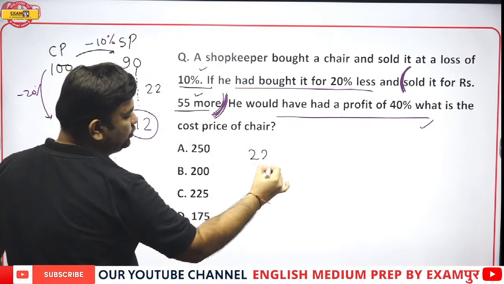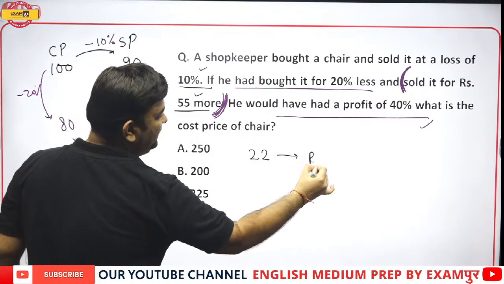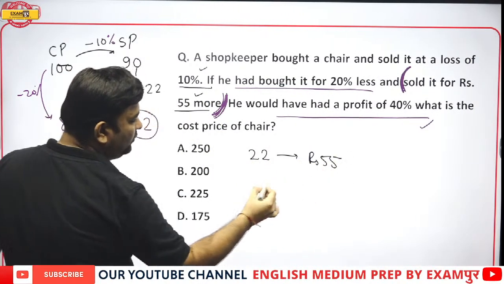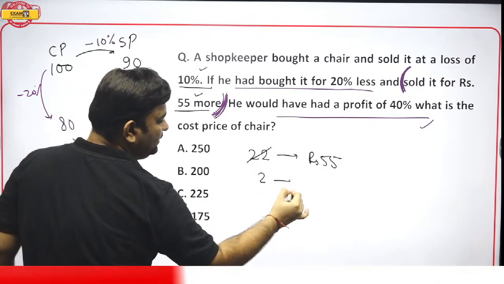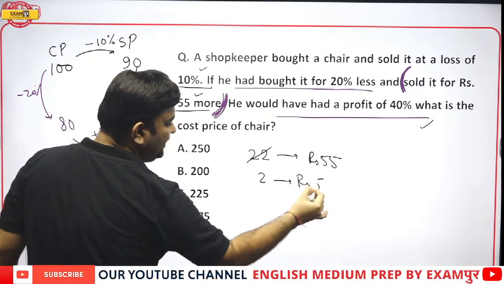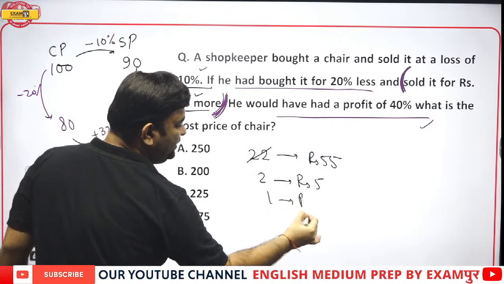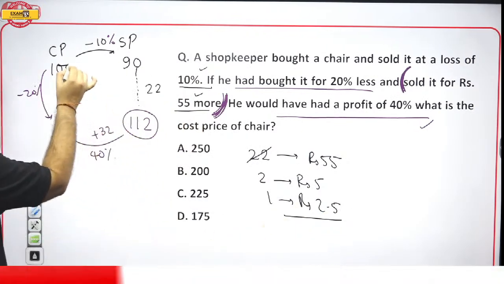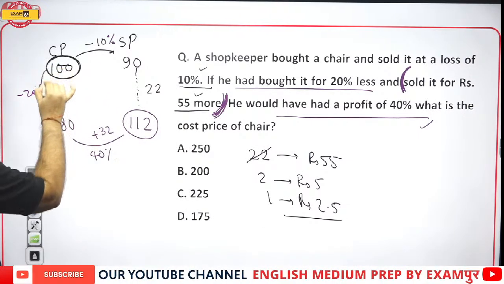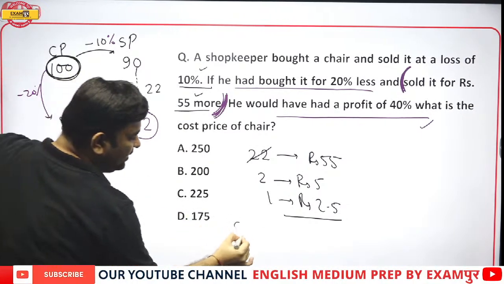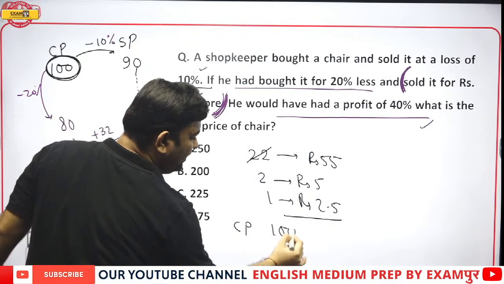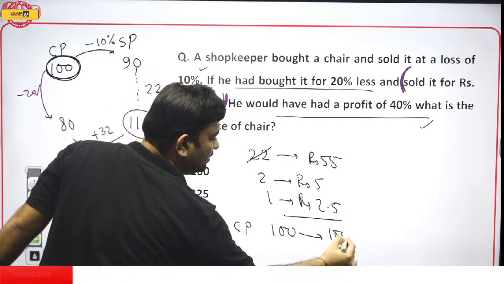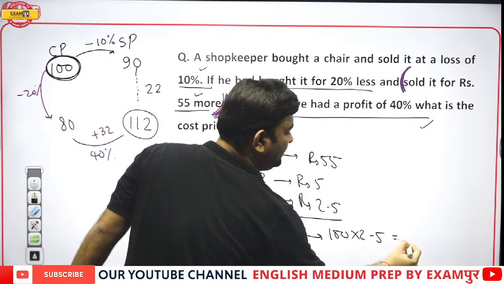So 22 is given as rupees 55, 2 is equal to rupees 5, 1 is equal to rupees 2.5. So the CP, which I assumed as 100, has become 100 into 2.5, 250.